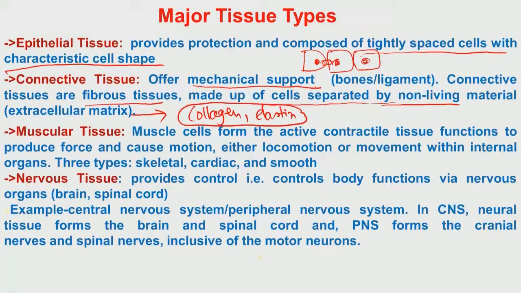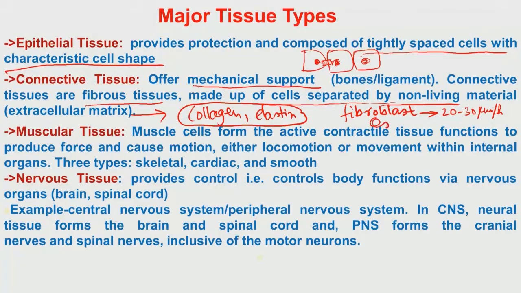For example, in the connective tissue, you have fibroblast cells. One of the examples I have given while discussing cell migration is that fibroblast cells migrate with a speed of typically 20 to 30 micron per hour.